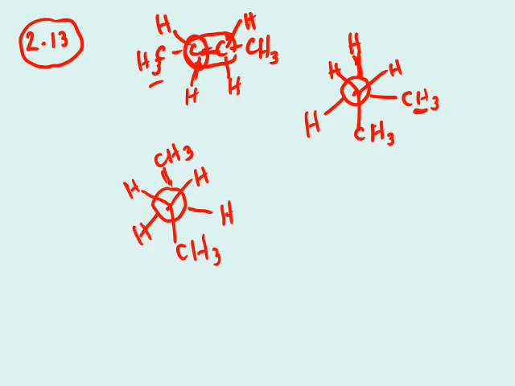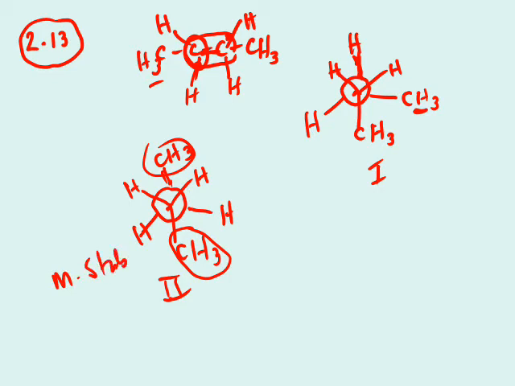Between these two staggered conformations, keep in mind staggered conformation is more stable than eclipsed conformation. But now we have 2 staggered conformations. This is one, this is the second. If you examine rather carefully, you know that this is the most stable conformation. So let's call it most stable.